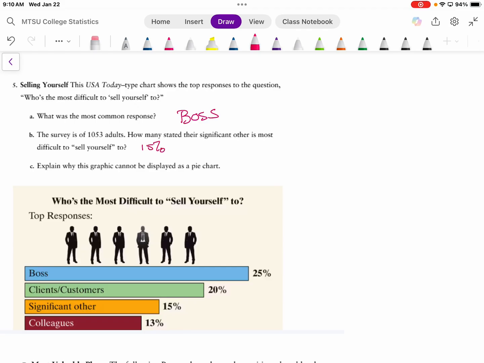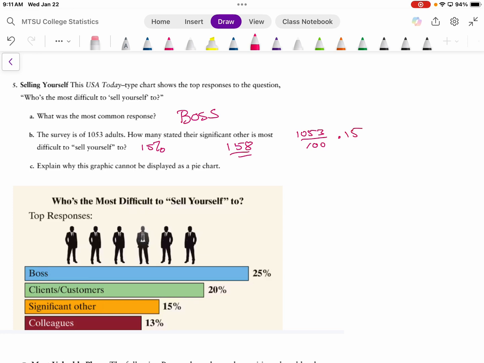So we know it's 15%, but it said how many, Jackson? Yeah, how'd you get 158? Oh, very good. So you went through and did 1,053 divided by 100, and then you multiplied it by 15. Okay.